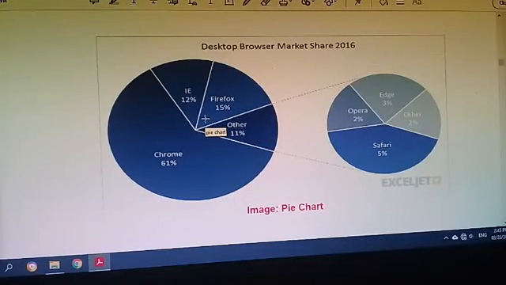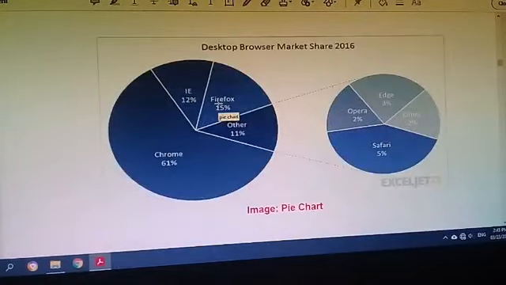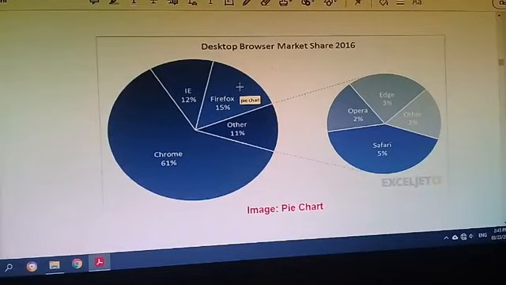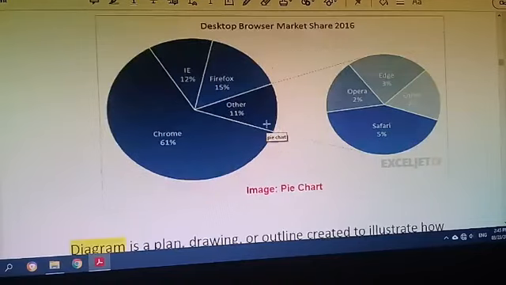You can see here data is given. It is two years data, I think. One is desktop browser maker, and this is the other side. These are 11%, 12%, 15%, and Chrome use 61%, and 11% others. These 11% use browsers, Opera, Edge, other, Safari. So it is pie chart.